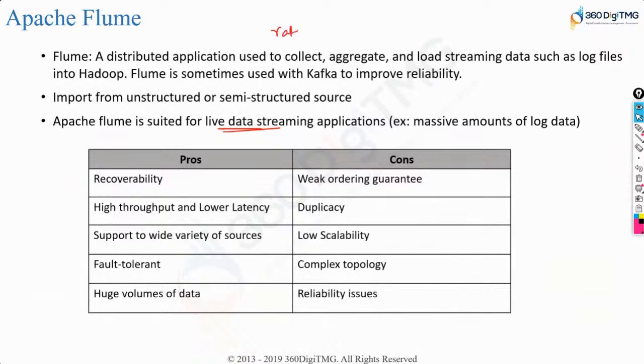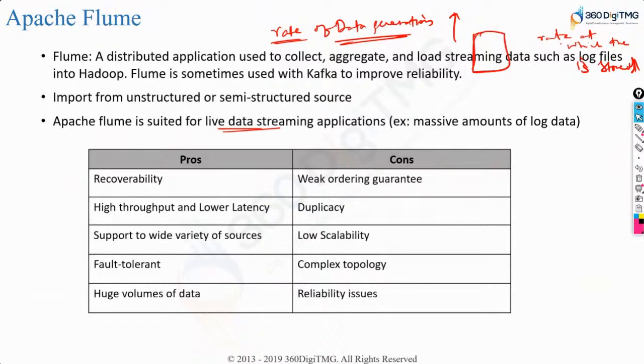The rate of data generation is very, very high compared to the rate at which the data is consumed, the rate at which the data is stored. Even in this case, Flume works as a buffering agent or a temporary storage device wherein all this data is getting accumulated. And then the data is passed to the destination, and the destination can work at its own speed.